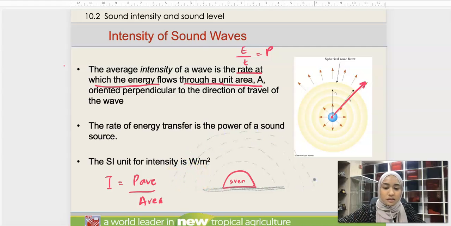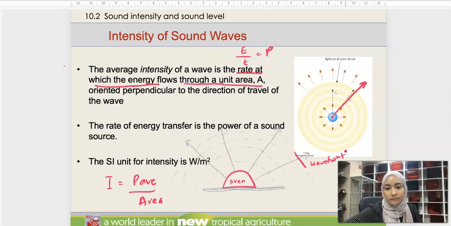So the direction of the sound is like this. This is the direction. And these dotted things I drew are called the wavefront. So this is the wavefront, the sound wave wavefront.